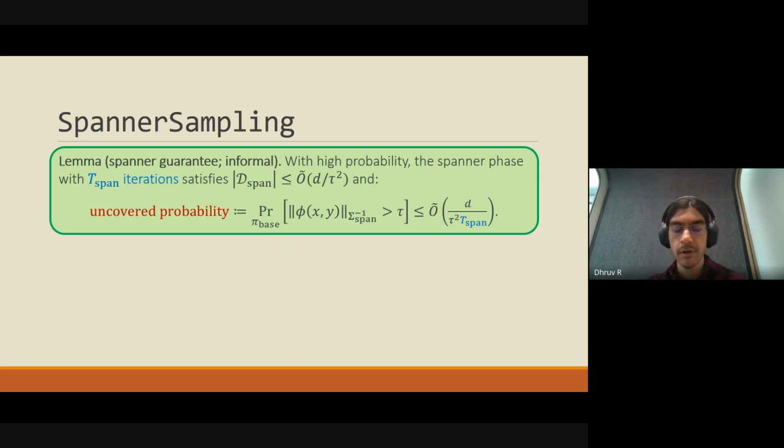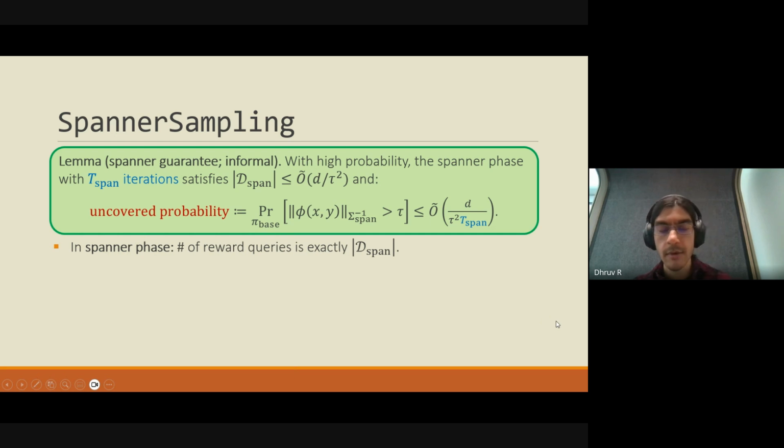By uncovered probability, I mean the probability of a response under the base model that the feature of that response is uncovered, like the elliptic potential with respect to your spanner is large. So it's in some direction that's rare in your spanner set. So this decays like 1 over T-span.